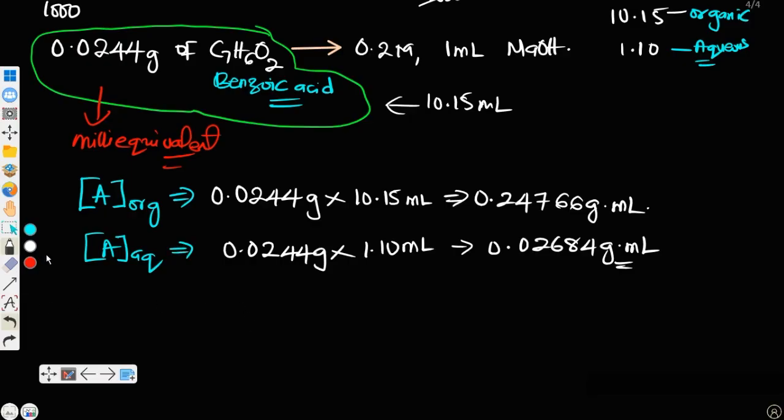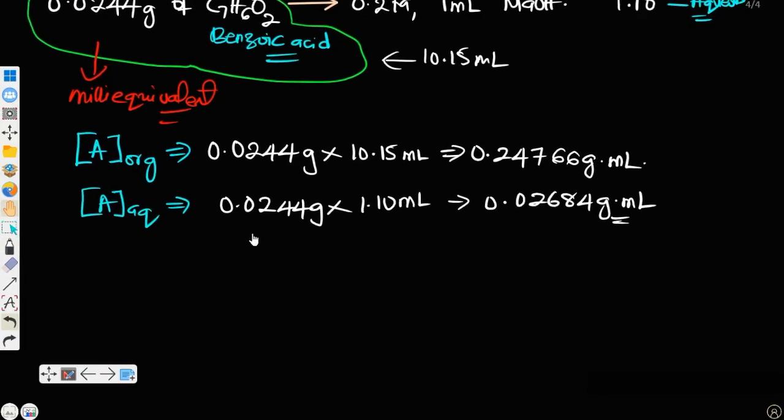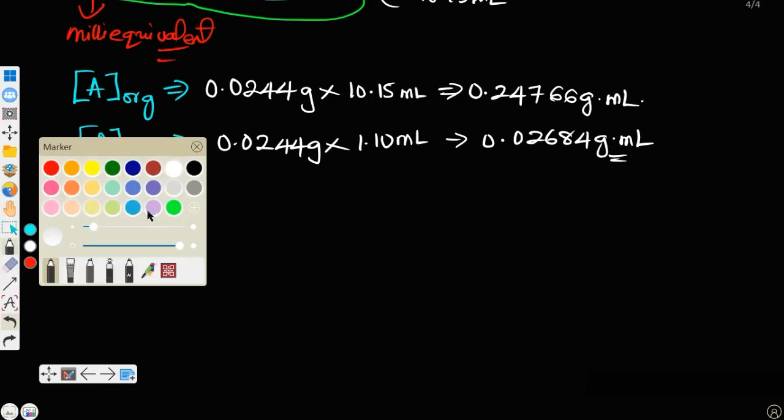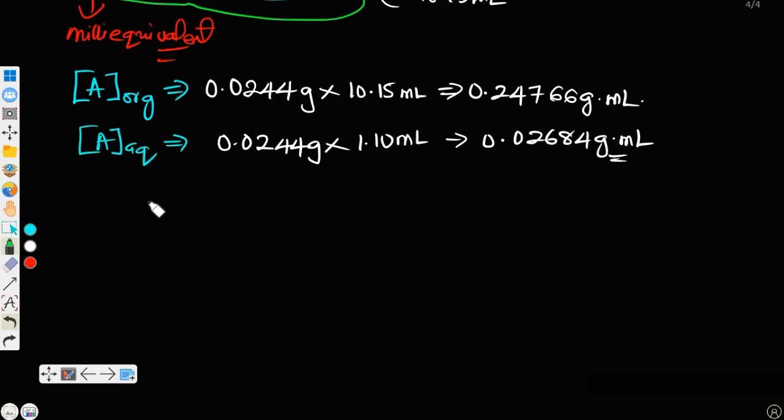Now we said that for partition coefficient, an equilibrium exists between the organic phase and the aqueous phase, and that gives us the general idea of partition coefficient or partitioning. What we mean is that in partition coefficient there's an equilibrium that exists in such a way that the concentration in aqueous phase is in dynamic equilibrium with the concentration in organic phase.